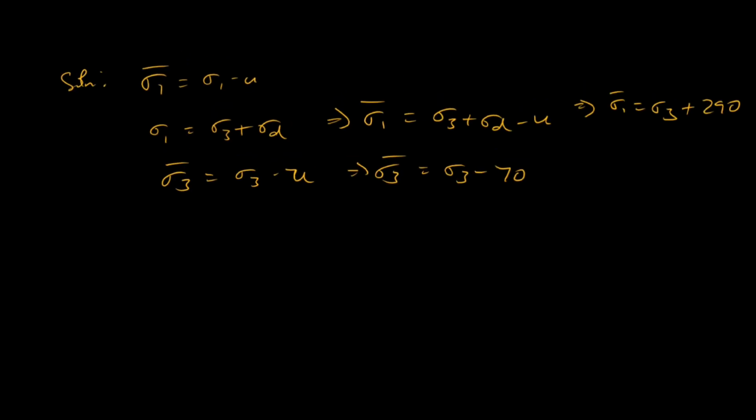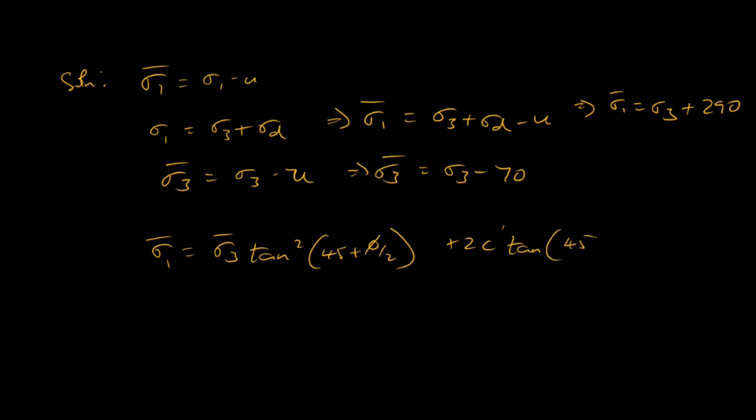Okay. So from the stress relationship, we know that sigma 1 dash will be equal to sigma 3 dash tan square (45 plus phi by 2) plus 2c dash tan (45 plus phi by 2).